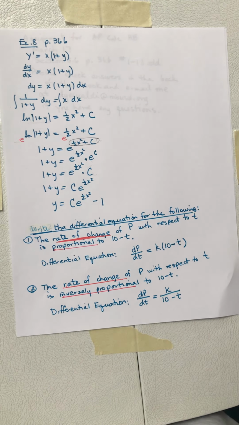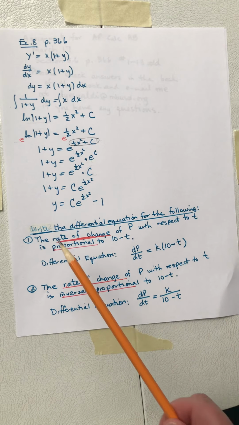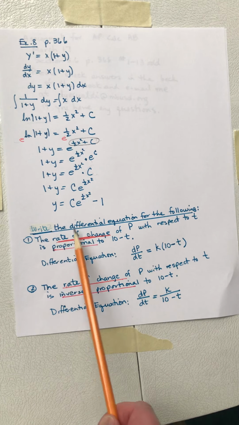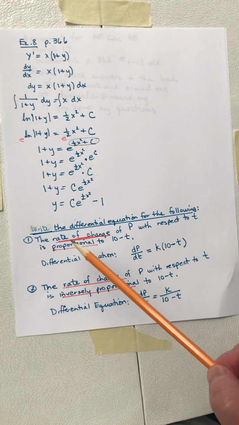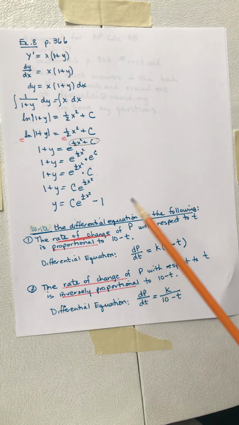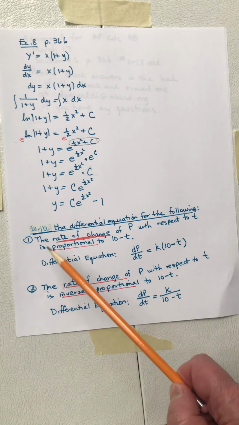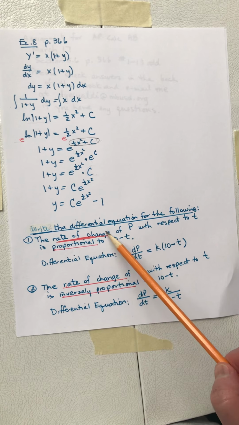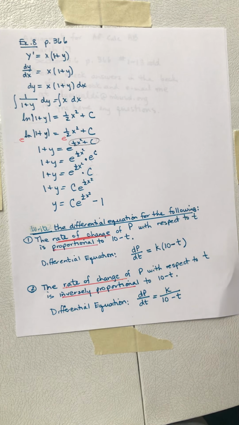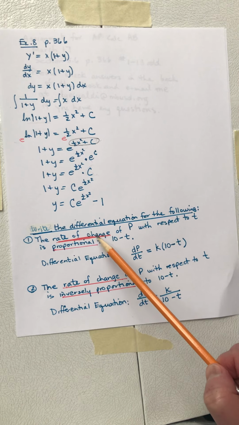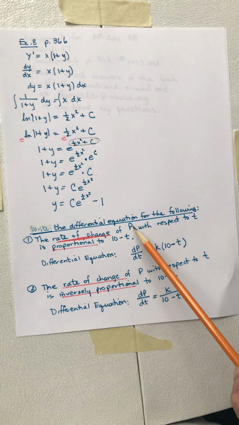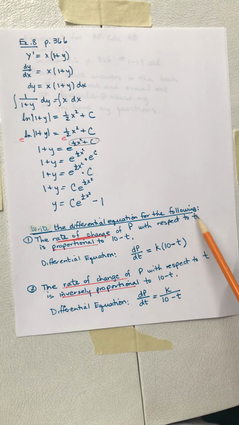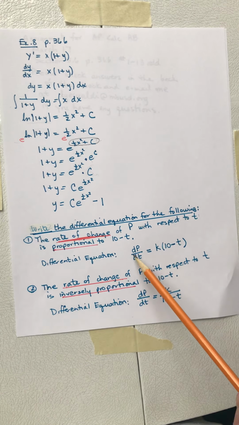Hooray, we got it. All right, so now the only other problem type I'm going to give you is write the differential equation for the following. In other words, for the following sentence, translate the words into a differential equation. And here's number 1. The rate of change of p. First of all, rate of change means we're looking at a derivative. And we're doing the derivative of p with respect to t. Hence, we get dp/dt.